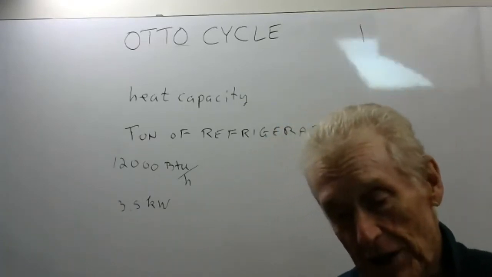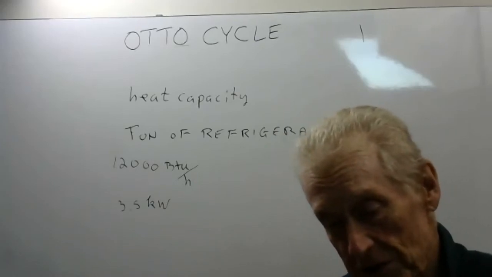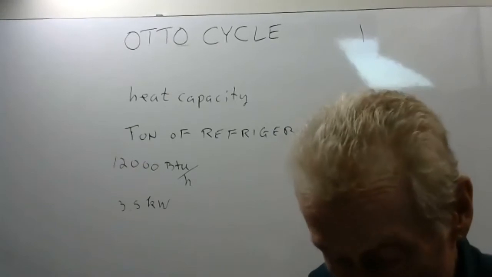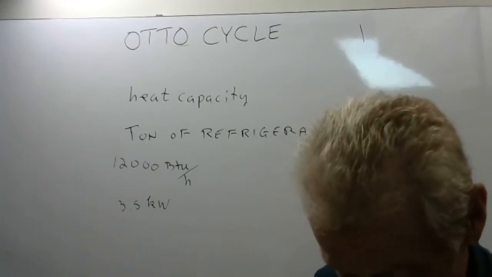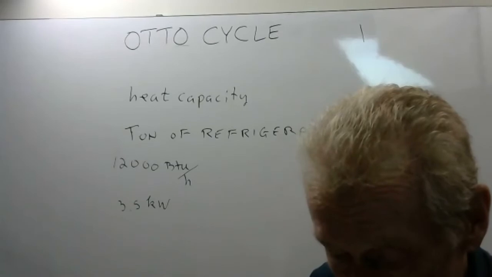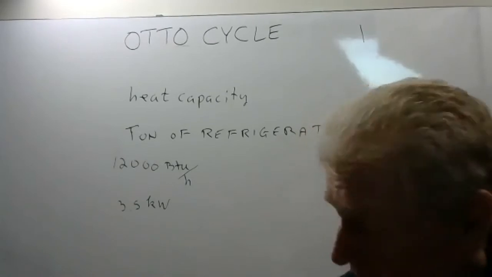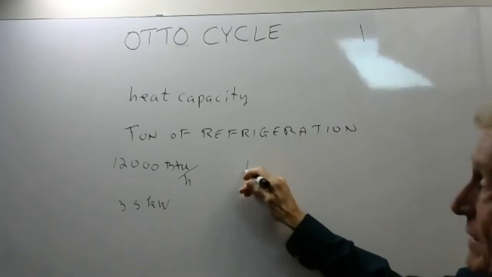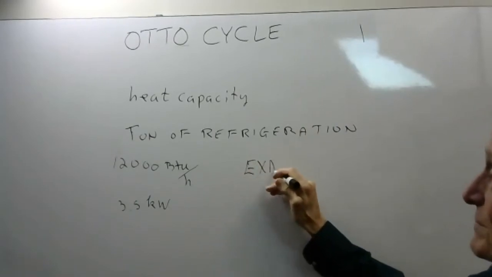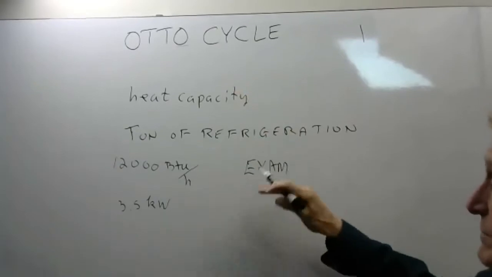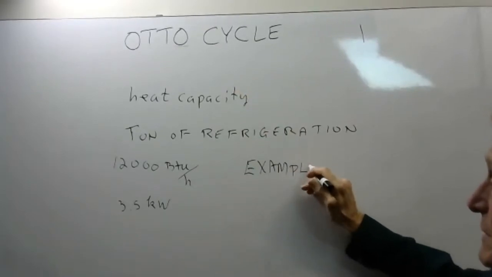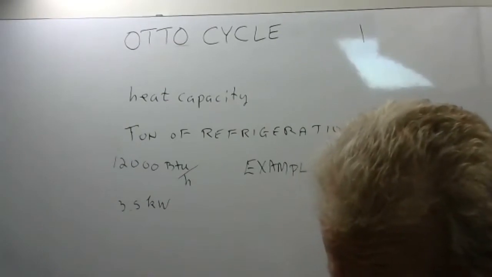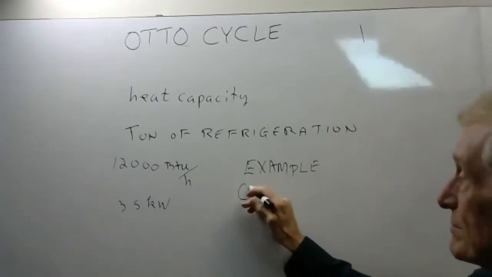Now, let me explain this, and I find this interesting. We did a heat capacity on our example that we worked out, and we got a QL dot.